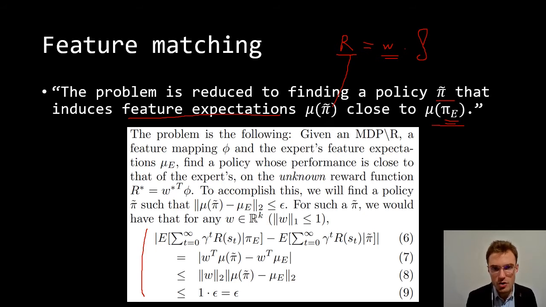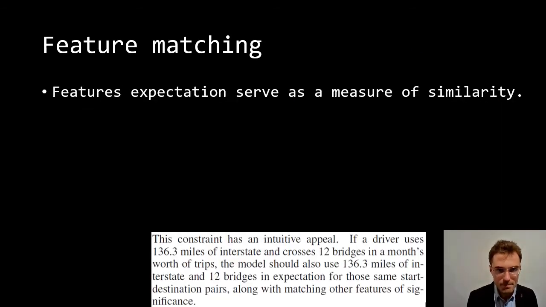That's the feature matching concept, and that's the goal, how to find the W parameters. To put it another way, that answers our second question. How do we say that pi e and pi tilde are similar? The measure or the metric for similarity is this feature expectation vector.